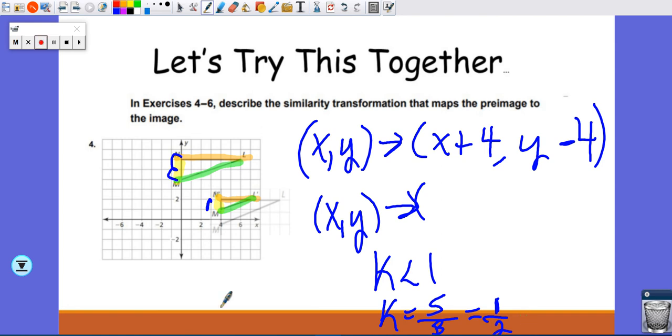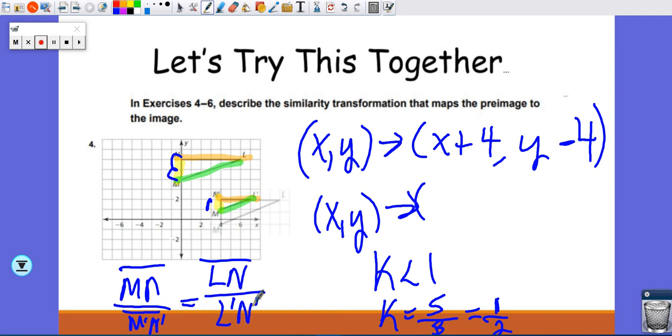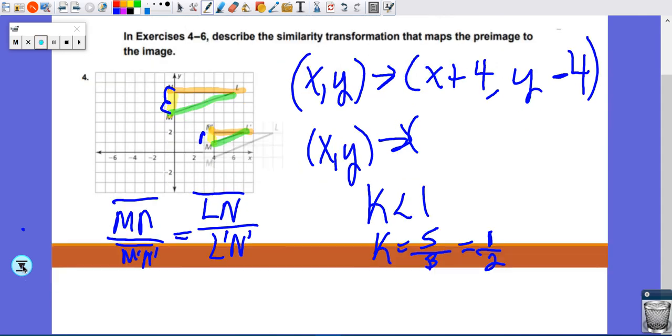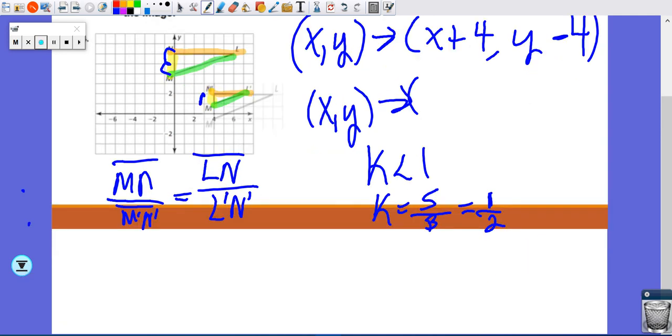Now I want to check myself and make sure I'm right, because our definition for similar figures tells me that the ratio of MN over MN prime should equal the ratio of LN over LN prime. That's what it should equal. So now I'm going to flip this since this is going to be a reduction.